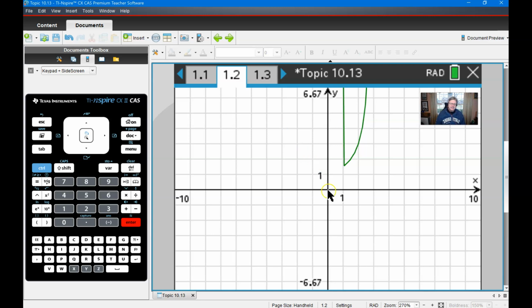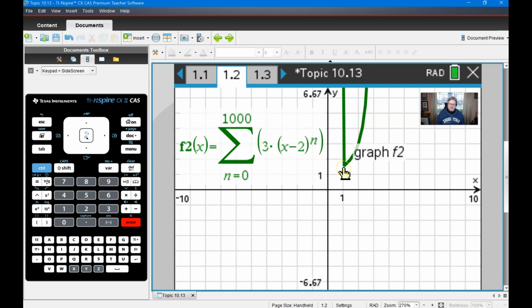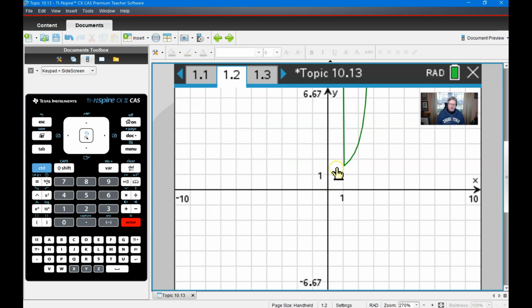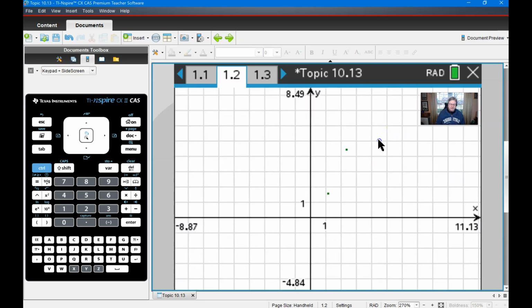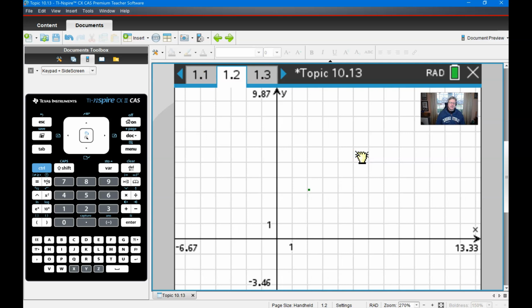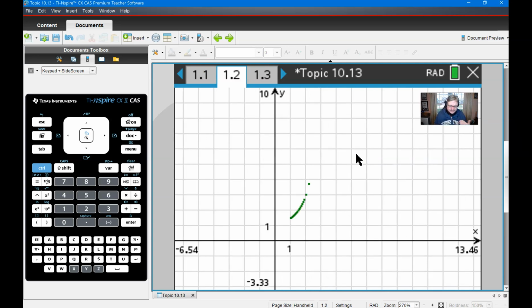And as I can see here, it looks as if this graph is not going to be very reliable at all to the left of 1. This thing really jumps up there pretty fast. But between 1 up to 2 and maybe to 3, which means I'm going to have to really pull this down and it's going to have to recalculate, which takes a second or so.